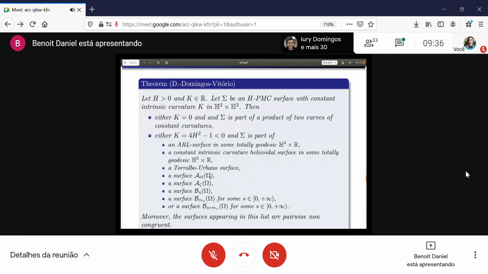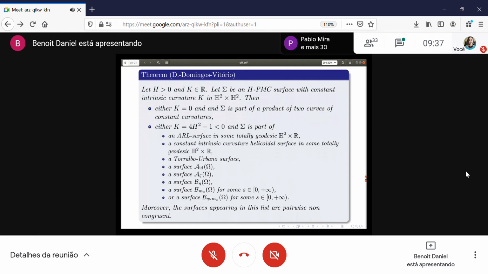So A id of omega is one surface, A zeta of omega is one surface, B eta of omega is one surface, B mu s of omega is a one parameter family of surfaces, and B eta mu s of omega is also a one parameter family of surfaces. And these are new surfaces, and also they are not pairwise congruent. So it is really different surfaces.